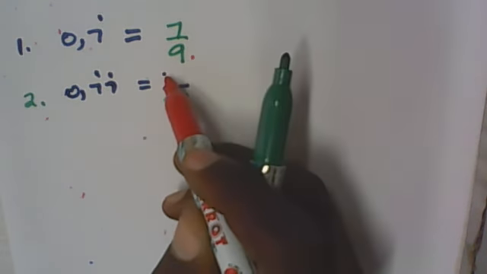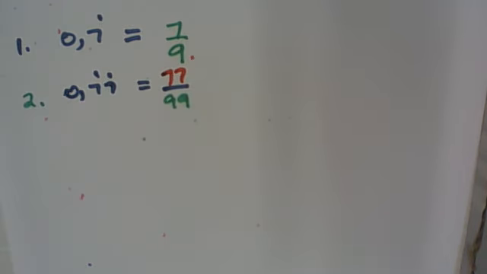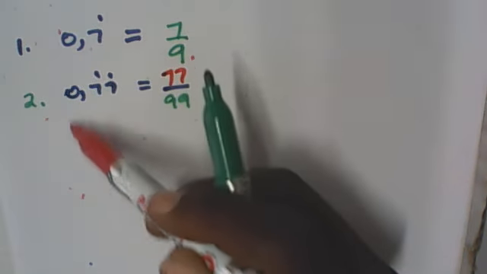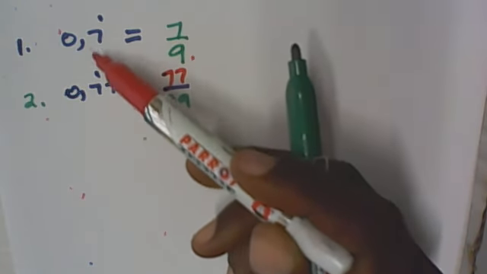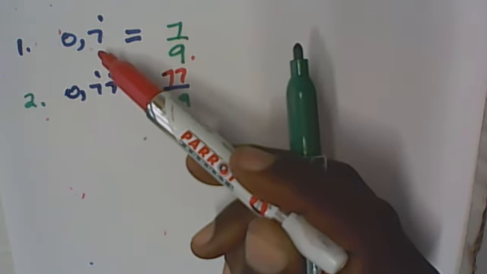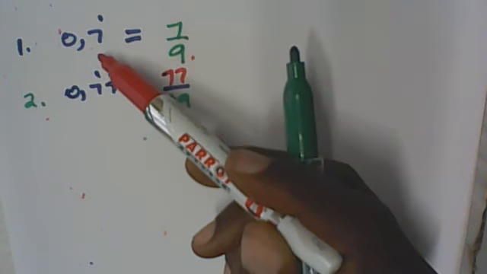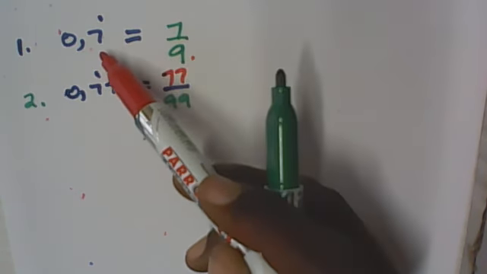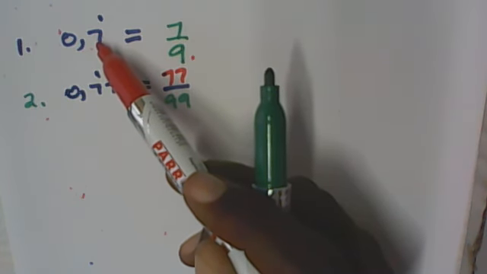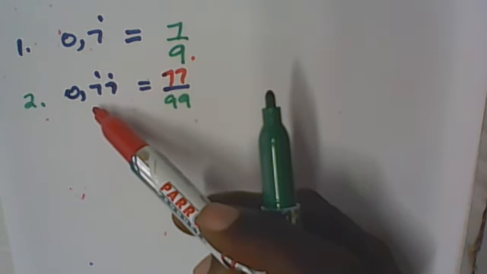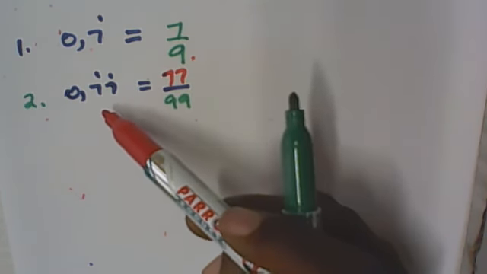That will be 77 over 99. And that's it. If you have 0 here, guys, no problem. Just put the recurring number over 10 to the power n minus 1. This is 1 digit recurring, therefore it's 10 to the power 1, which is 10, then minus 1. Here we have 2 digits, it's 10 to the power 2, which is 100, minus 1, 99. That's it, guys.